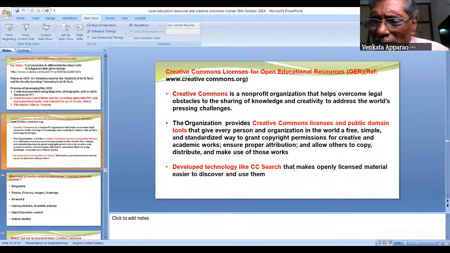Because after all, for creation of new knowledge, we have made use of the public facilities available. That is how we gain knowledge. Whatever knowledge we gain, it is our duty to disseminate freely and openly in the form of OER.